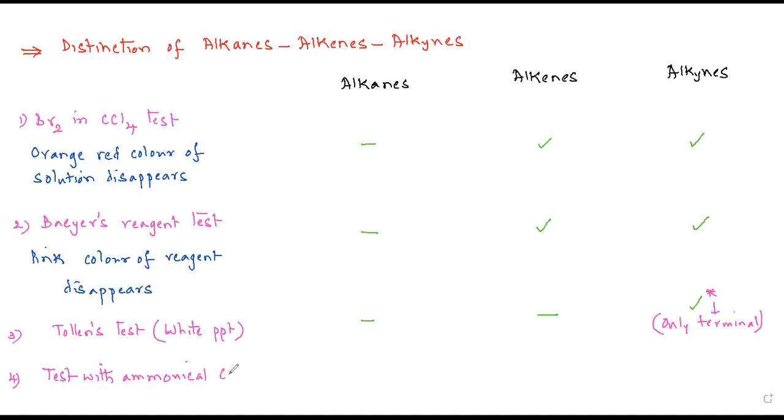Then finally, the test with ammoniacal cuprous chloride solution. In this case, we get a red precipitate. No reaction in case of alkanes. Even for alkenes, no reaction. In this case, again, it is the same with star.